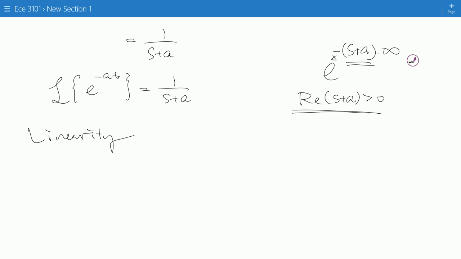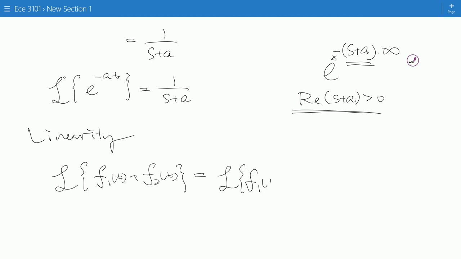In other words, if we have two functions, f1 of t and f2 of t, and we want to add the two together, like this, then the Laplace transform of the summation is in fact equal to the summation of the Laplace transform of each individual.